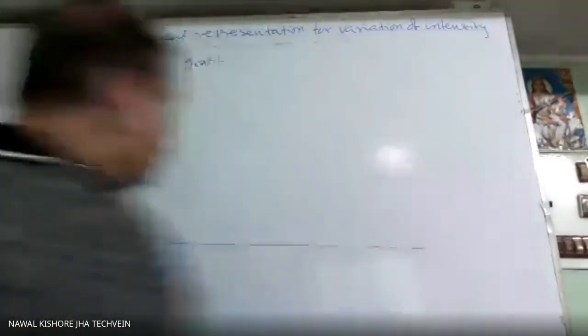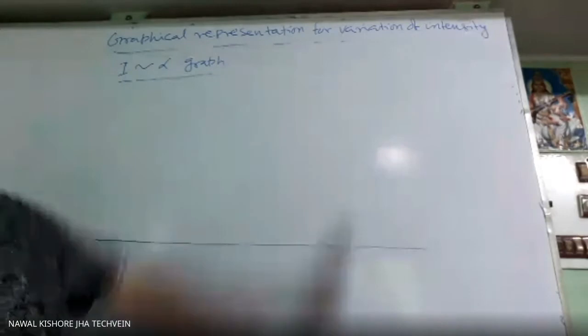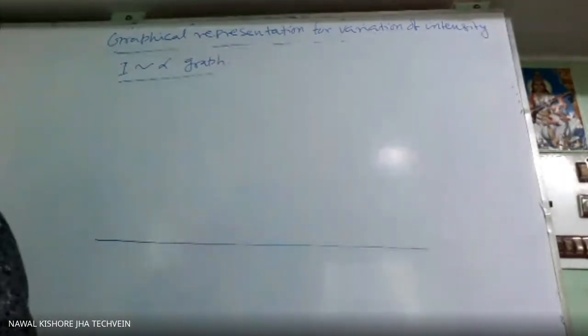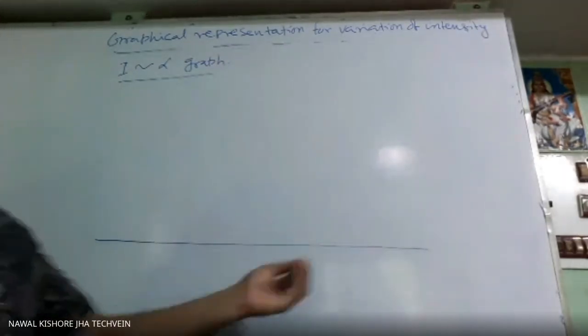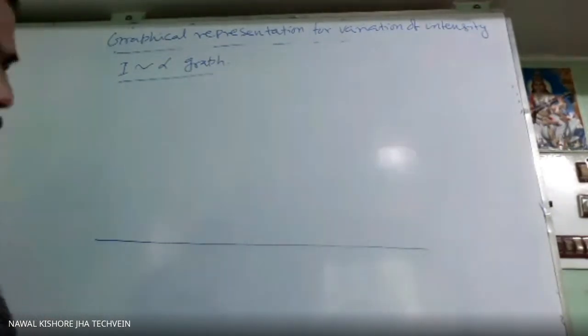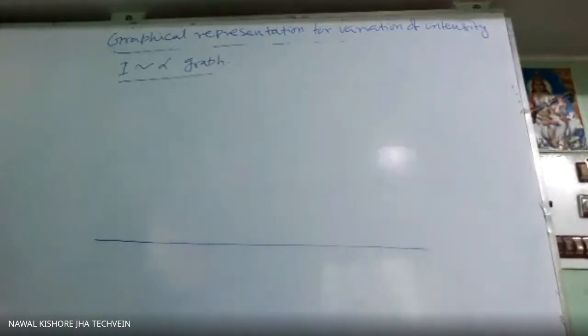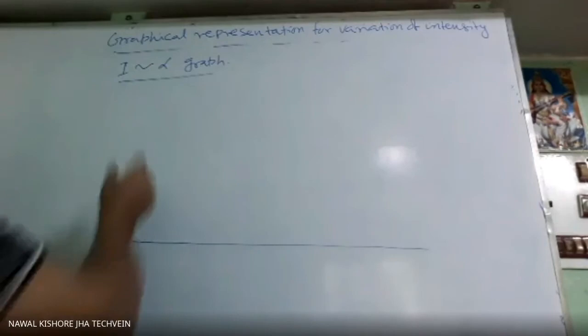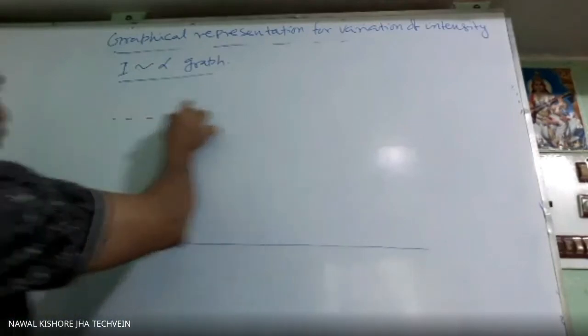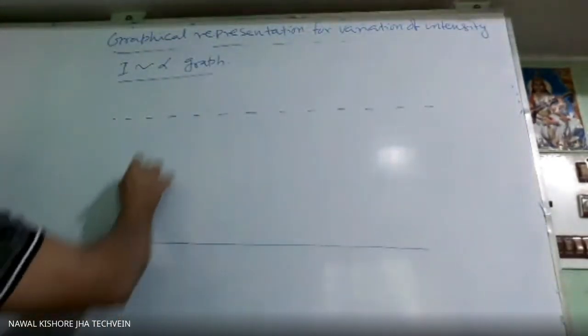So in this case, as we know, the maximum intensity for all the fringes will be the same. That is 4I, if I1 is equal to I2. Minimum is 0 for all. So the graph will vary between 2 points, that is maximum and minimum intensity. Suppose this is our Imax line. So this graph will vary between these 2 points.